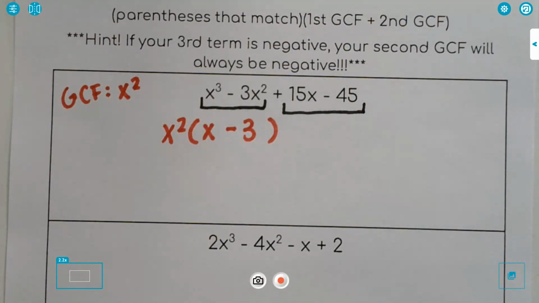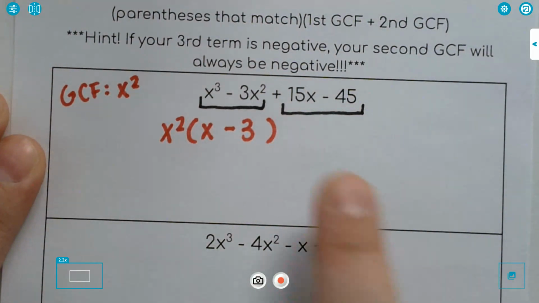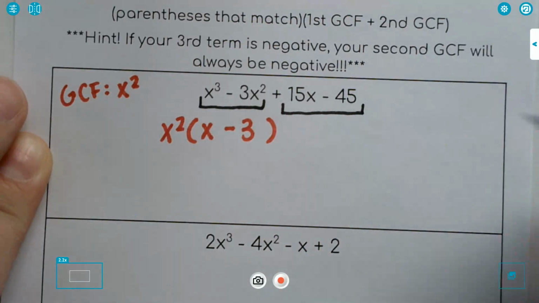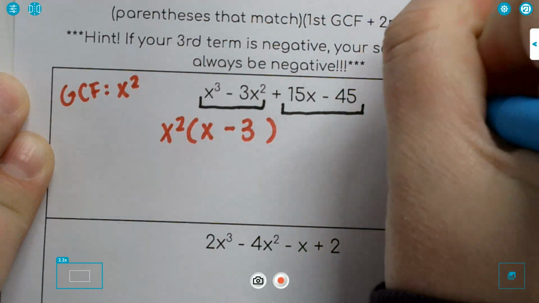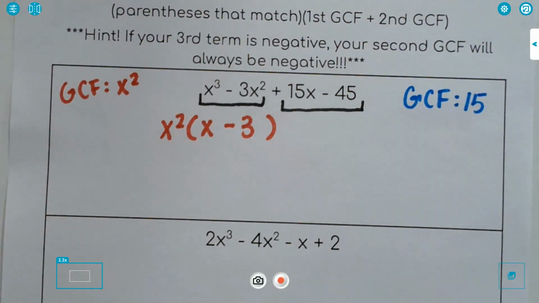Okay. We are now going to do the same thing with our last 2 terms. So we need to factor the greatest common factor out of 15x and 45. What can I divide 15 and 45 both by? 15. I think about time, and I know that 15, 30, 45, 60, those are like 15 minutes on the hour.